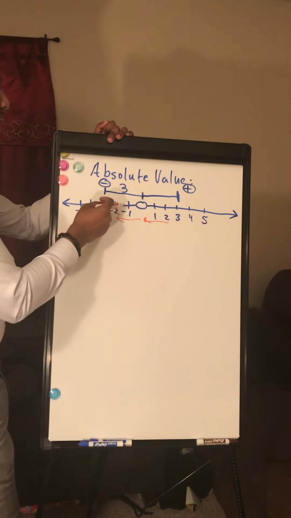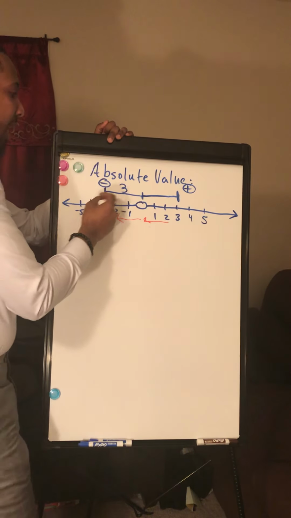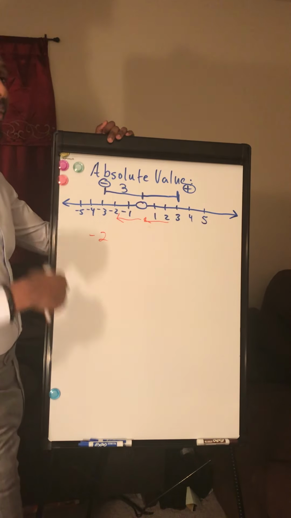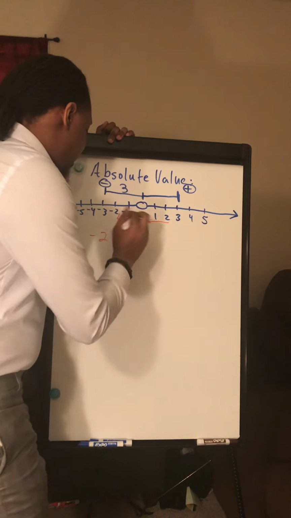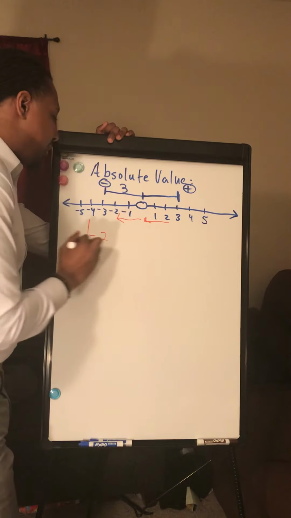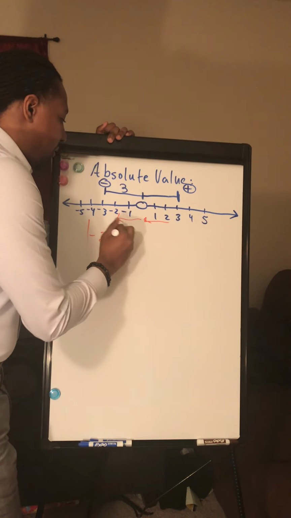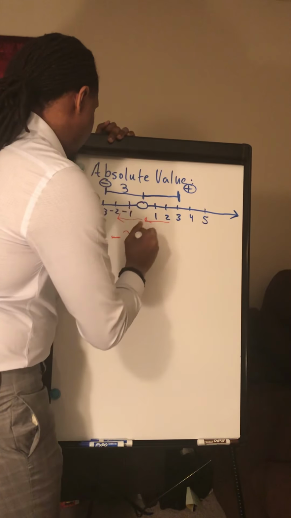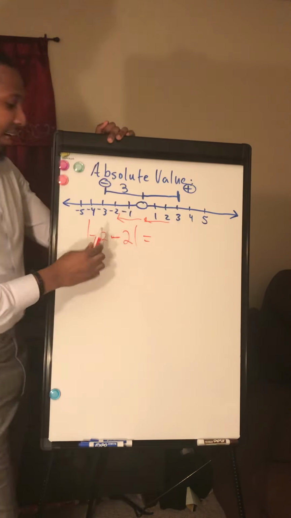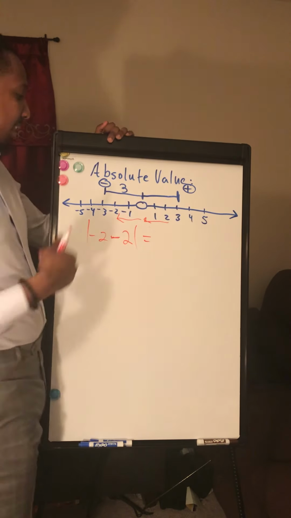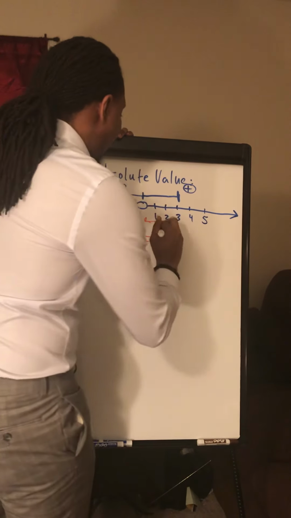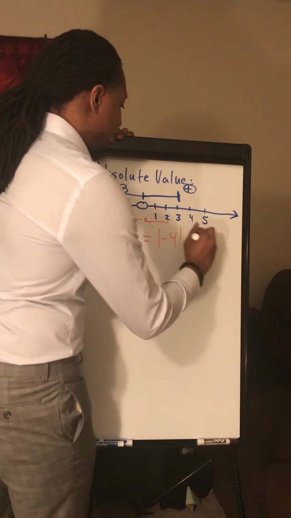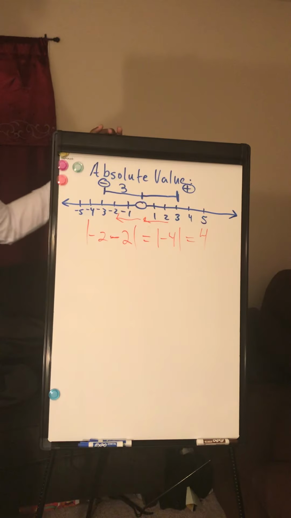So if I have negative 2 and 2, it's the absolute value of negative 2 minus 2, where minus means difference. Negative 2 minus 2 is negative 4. So you get the absolute value of negative 4, which is 4.